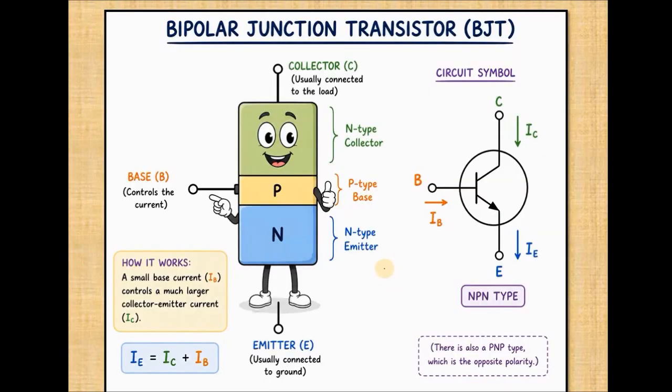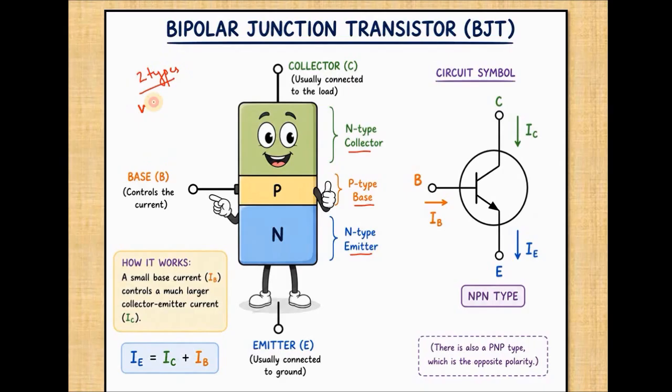Moving forward, this is a very simple cartoonic illustration of how a BJT looks. As we had seen, the 3 layers are the collector, the base, and then the emitter. Now with respect to a BJT, there are 2 types or 2 flavors.